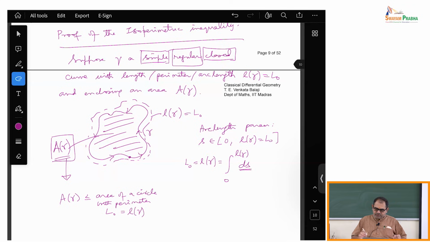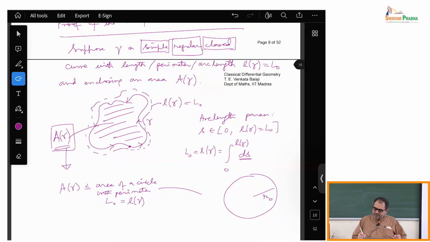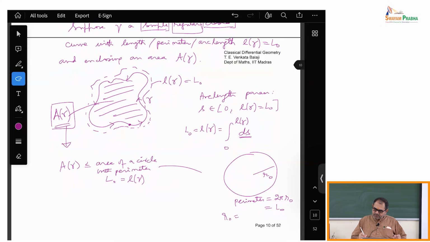If you take a circle with radius r naught, then the perimeter is 2 pi r naught, and this has to be equal to L naught. Therefore r naught is going to be L naught by 2 pi.